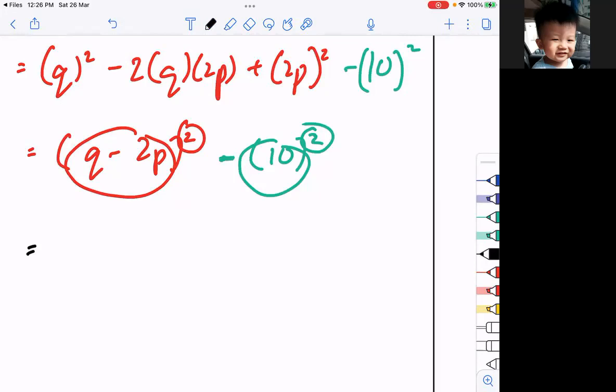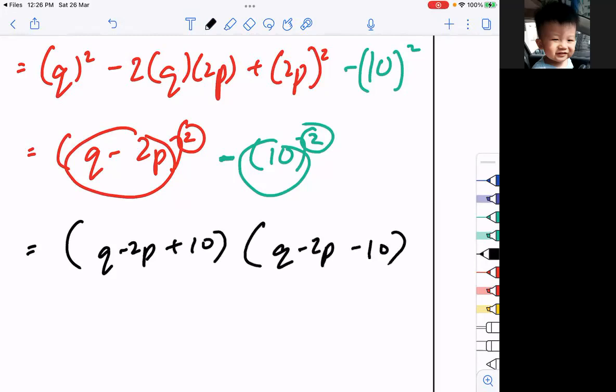What's the factorization of the third formula? a plus b, a minus b. In this case, my a is the whole q minus 2p plus 10, and then q minus 2p again, minus 10.